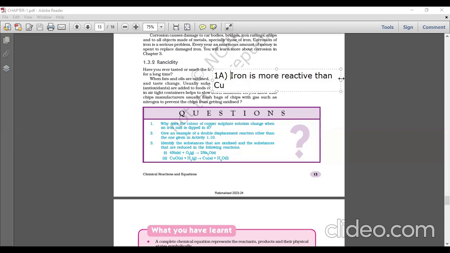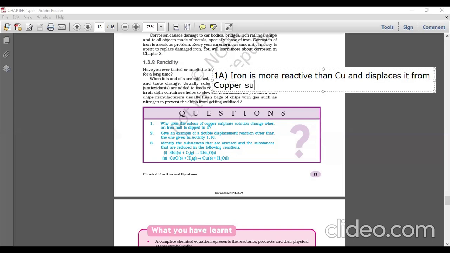And what happened then? It displaces copper from where? From copper sulfate. So that is the reason the color changes. And what happened as a result?